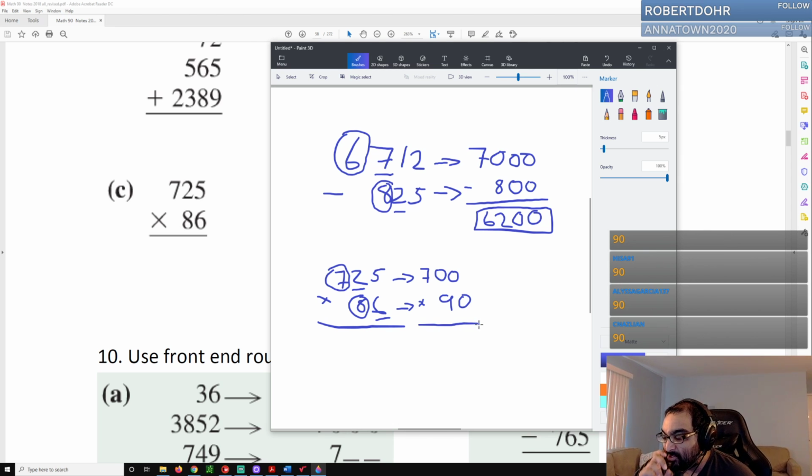Now all we have to do is do the same trick we did in the last problem. We're just going to multiply 7 times 9, and then tack on as many zeros as we see here in this problem. So what do we have here? 7 times 9. 63, spot on.